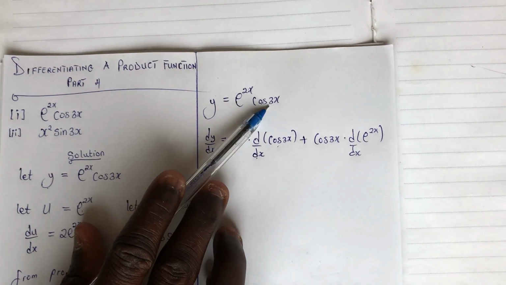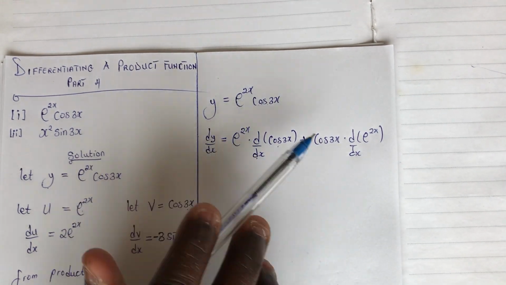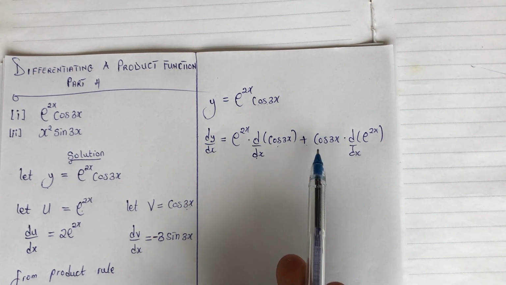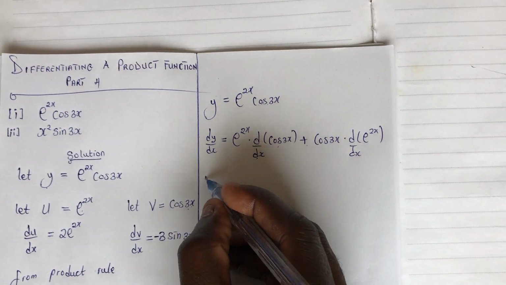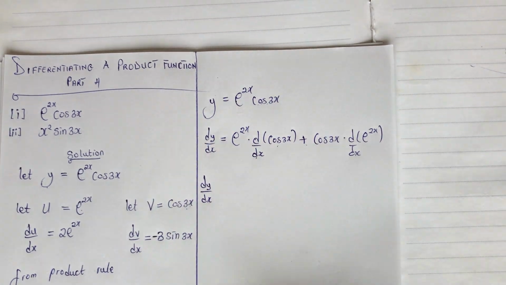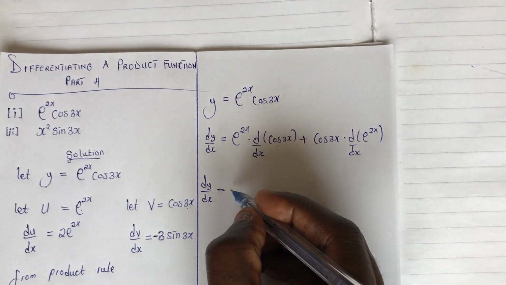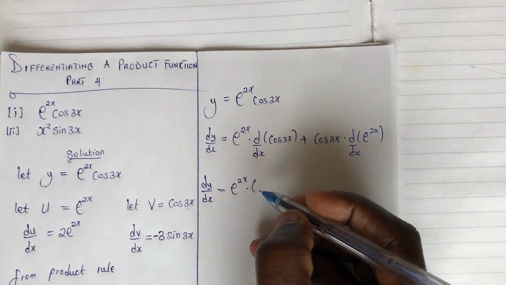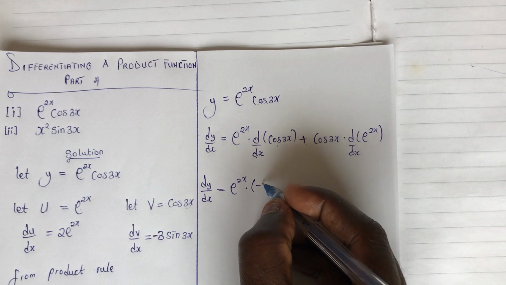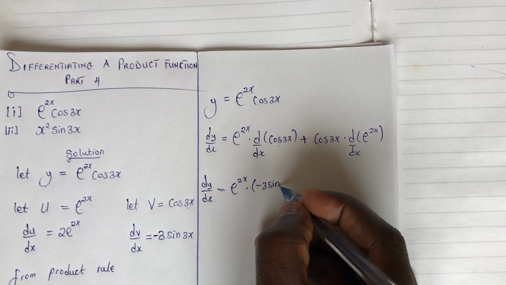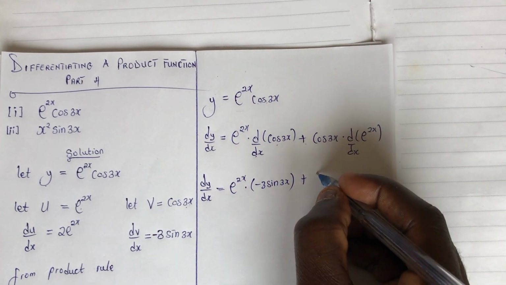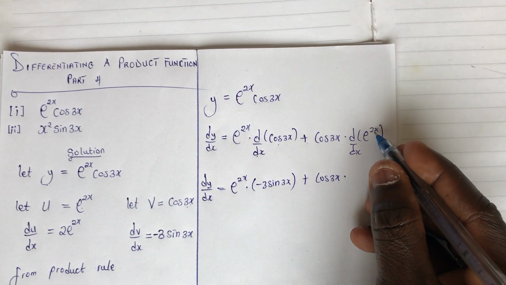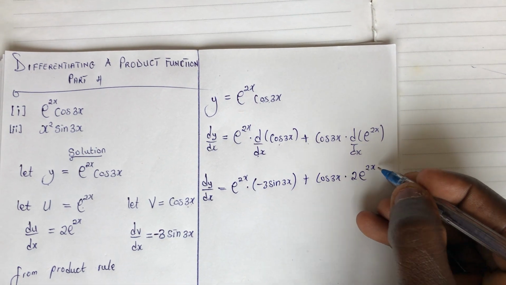You can decide to start with this one and then pick this one, or any of them is correct, because multiplication is commutative, addition is commutative. So I have my dy/dx giving me e raised to the power 2x times, when I differentiate this one, the result is minus 3 sine 3x, then plus cos 3x multiplying the differential of this, which will give me 2 e raised to the power 2x.